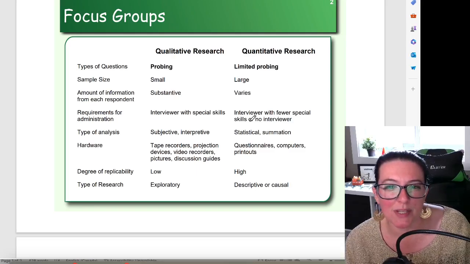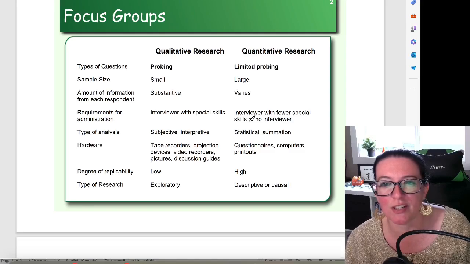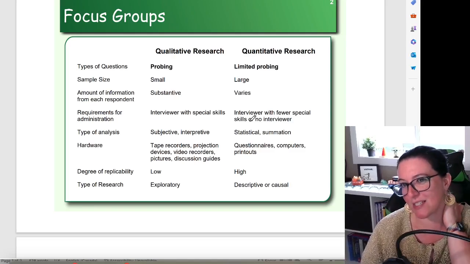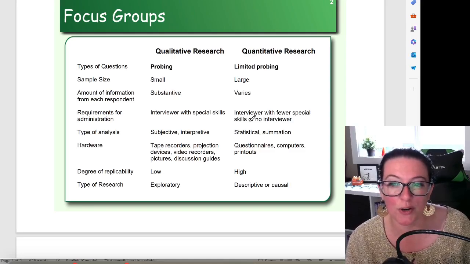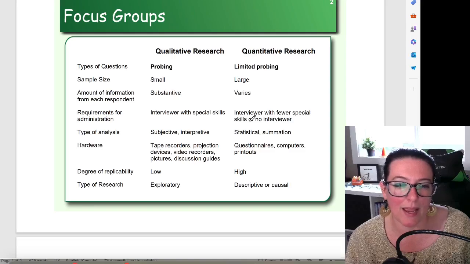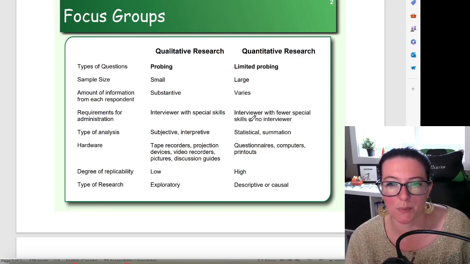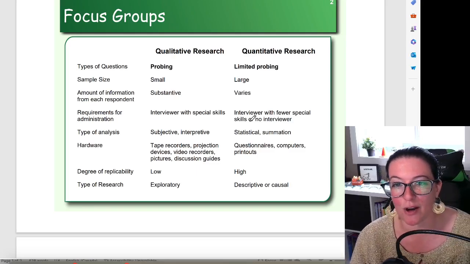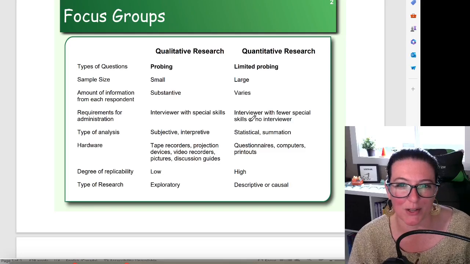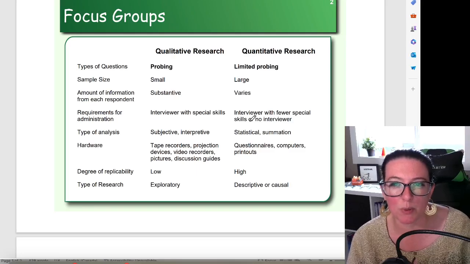And so you might be using tape recordings, projection devices, video recorders, discussion guides. You might have them create pictures for you to then explain how they feel or what they experienced. So you may have a number of documents or equipment that you're using as part of it. But really, we're probing, we're exploring.